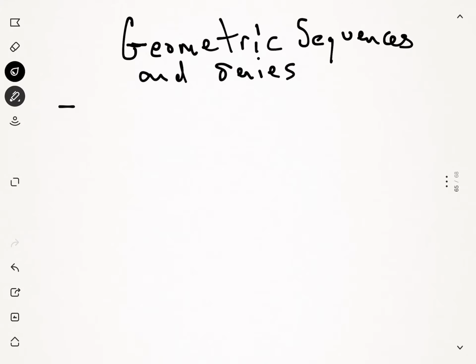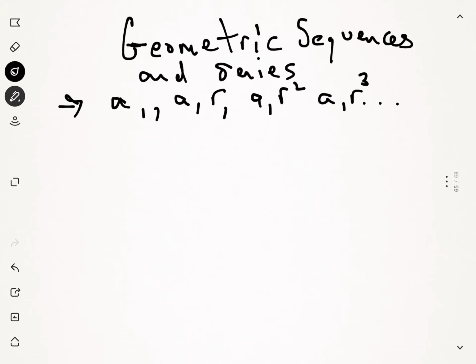So a geometric sequence is something of this form. You have your first term, your first term times r, okay?